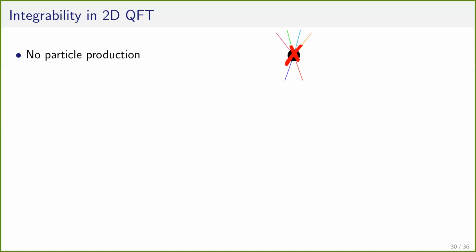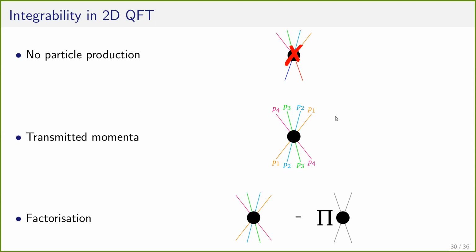One constraint is that you cannot have any particle production. The second constraint is that the set of incoming momenta is the same as the set of outgoing momenta. Then you also have the property of factorization. If you have an n-body scattering event, you can factorize it into the product of two-body scattering events. This factorization condition will impose constraints on the two-body S matrix.